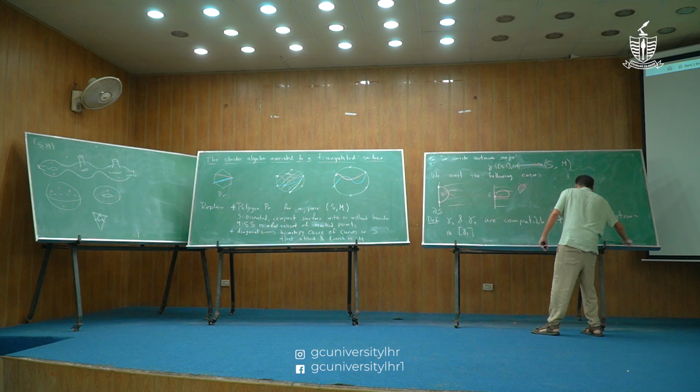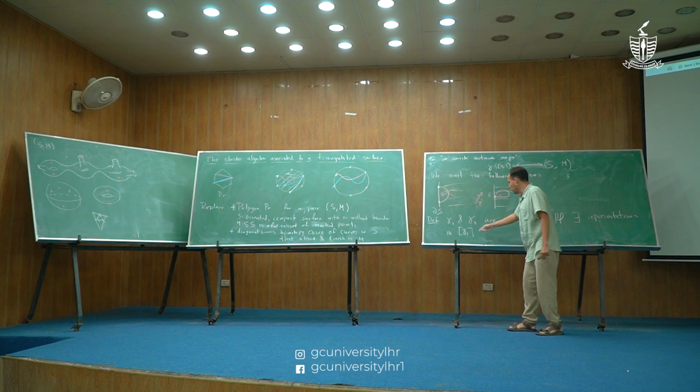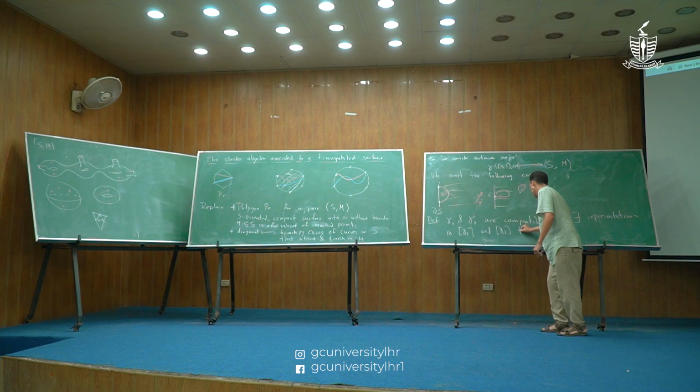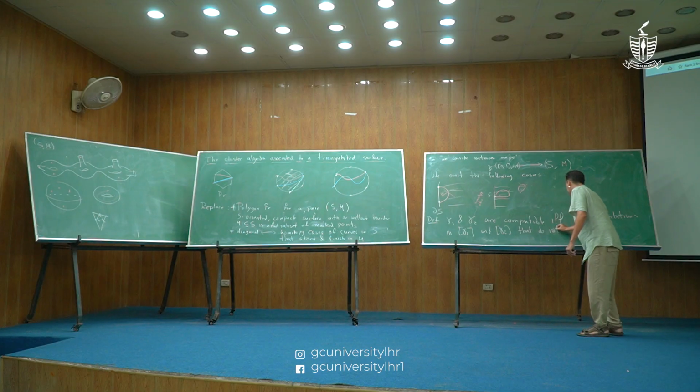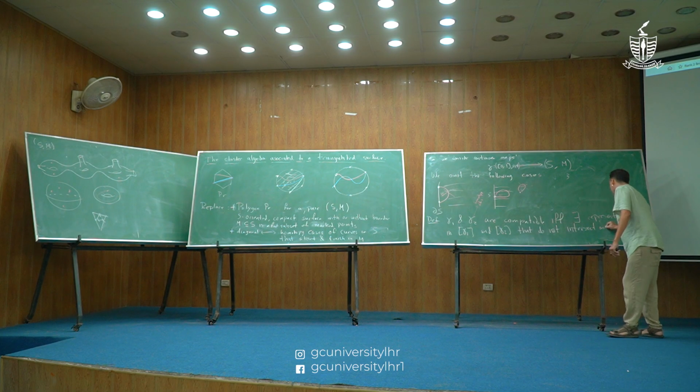This here denotes the homotopy class. In the homotopy class of gamma 1 and the homotopy class of gamma 2, such that they do not intersect in their interiors.